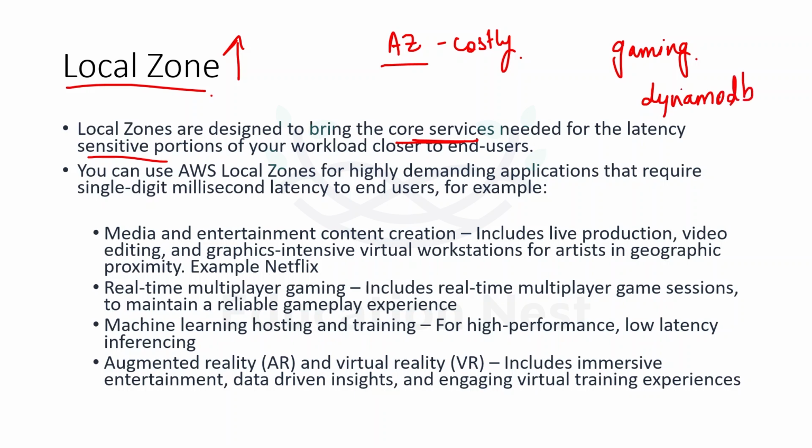So this is a live gaming software, so obviously the leaderboard would be changing frequently, and there you do not want any kind of network latency. So what you can do is put this DynamoDB into the local zone nearer to your customers. So where you require single digit millisecond latency for your end users, you can go with AWS local zones.